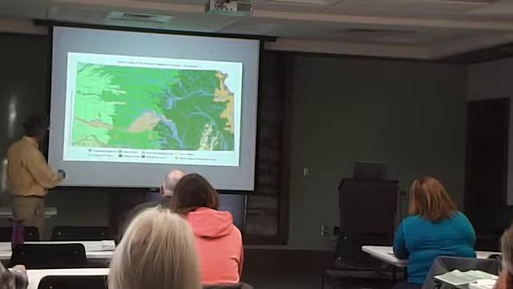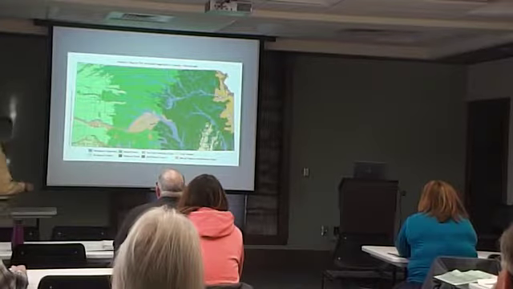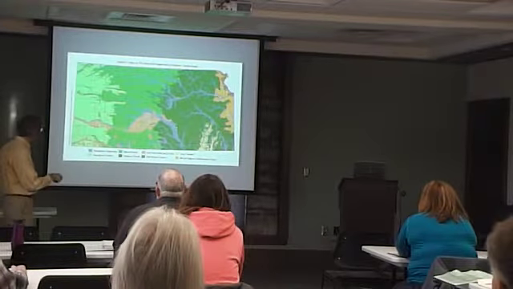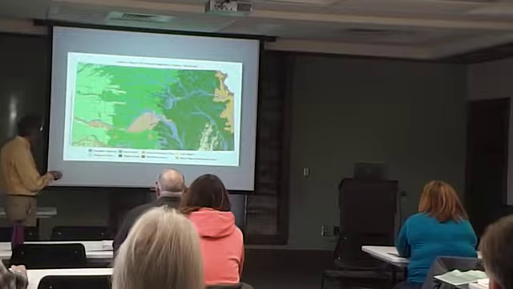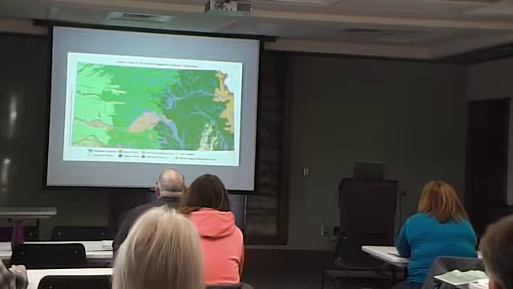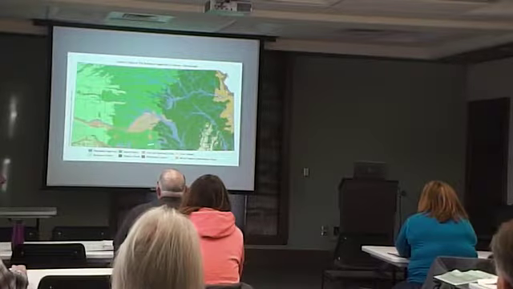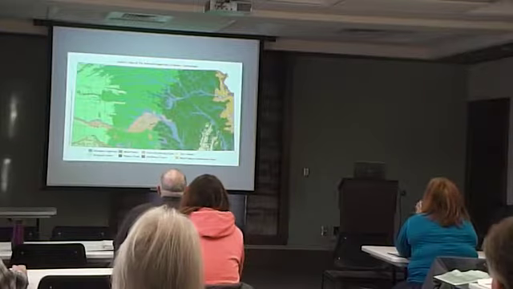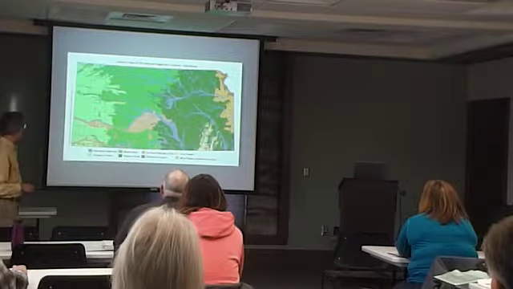And again, that's all a response to the precipitation gradient. And then, of course, along the main river systems and the alluvial deposits of Kansas, there's sand and sand sage prairies along those alluvial deposits.